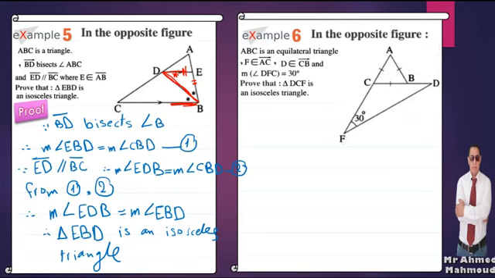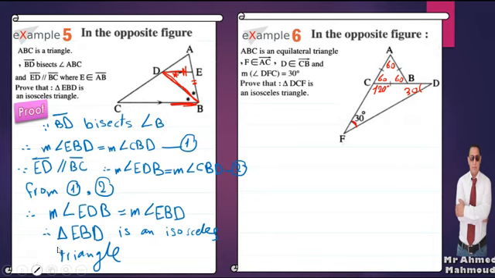Here we have an equilateral triangle, then each angle inside equals 60. And AF is a straight angle, therefore measure of angle DCF equals 180 minus 60, 120 degrees. Finally, to find angle D, 180 minus (120 plus 30) equals 30 degrees. Therefore, angle D equals angle F. Therefore, the triangle is an isosceles triangle.